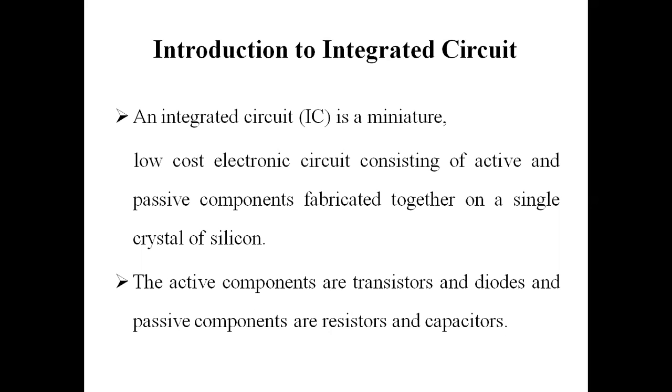Sometimes we call that an IC chip, in the sense of integrated circuit chip. What is an integrated circuit? Here we are going to discuss that an integrated circuit is a miniature, in the sense very small, low-cost electronic circuit consisting of active elements and passive elements fabricated together on a single crystal of silicon.